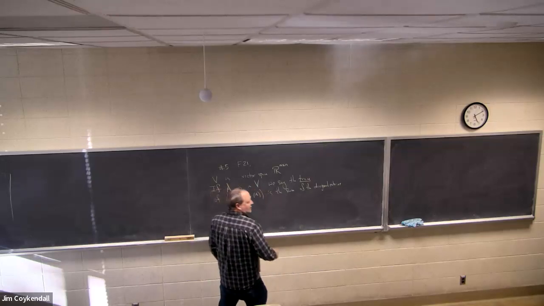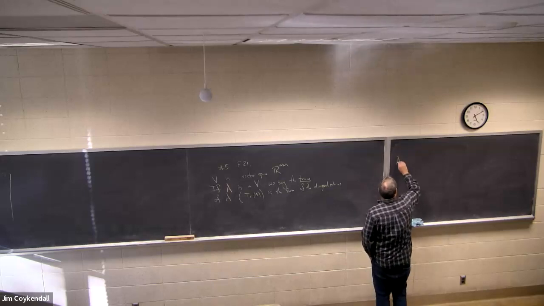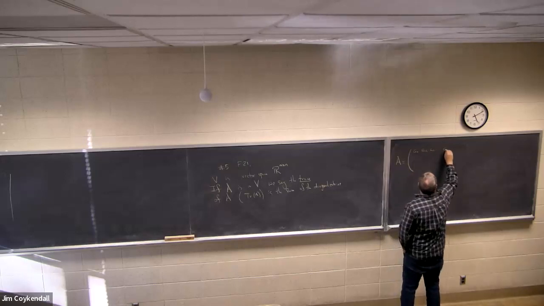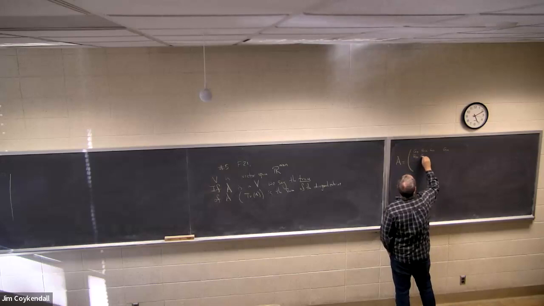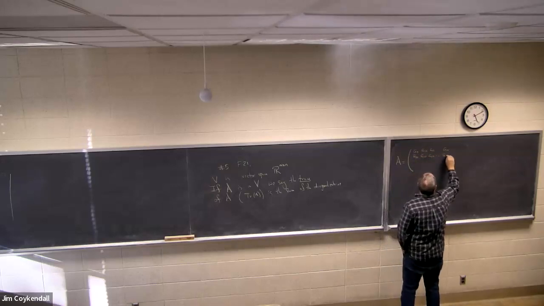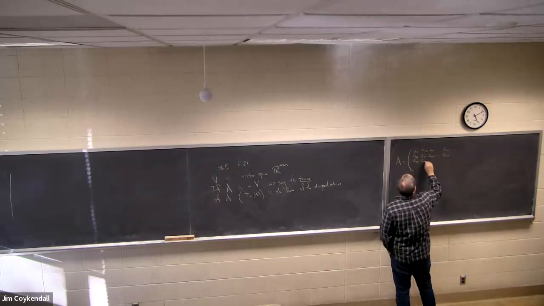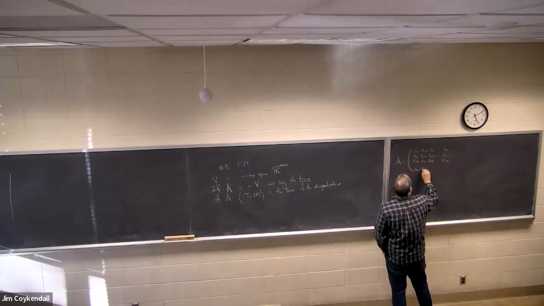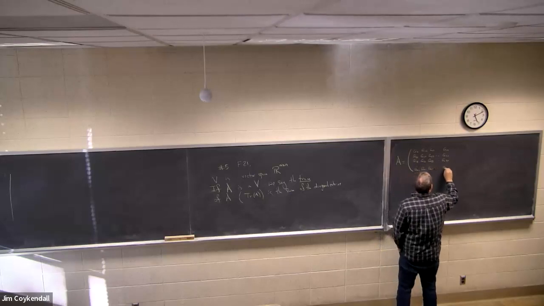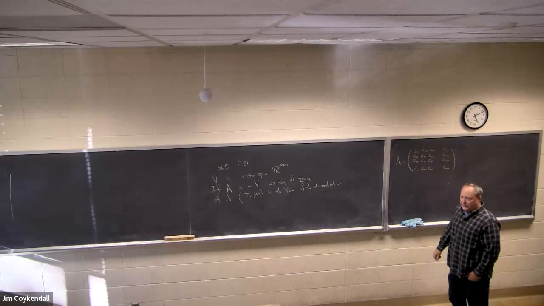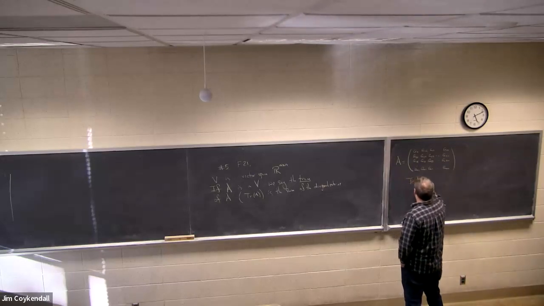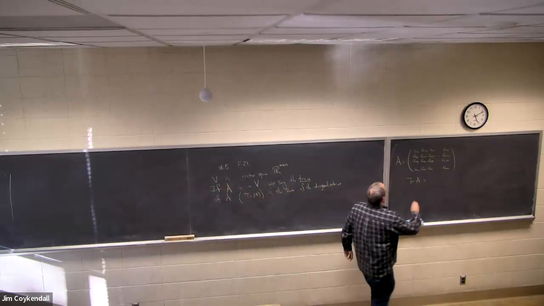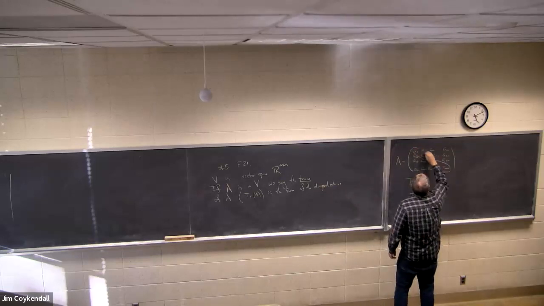So just so we're clear on this, if A is this, then the trace of A is just what you get when you add up all the diagonals. Just take everything along the diagonal and add it up.